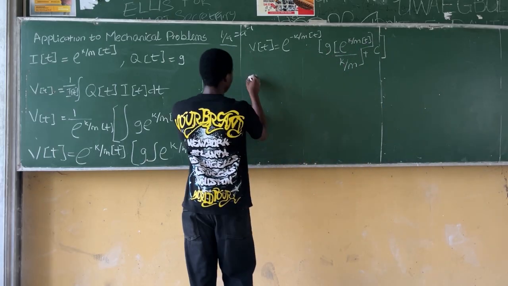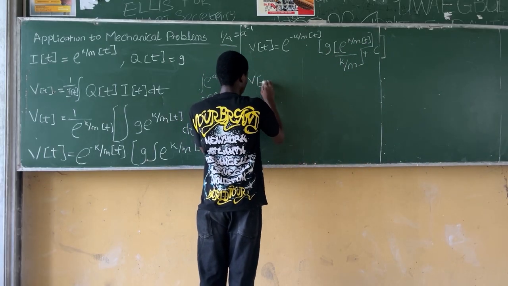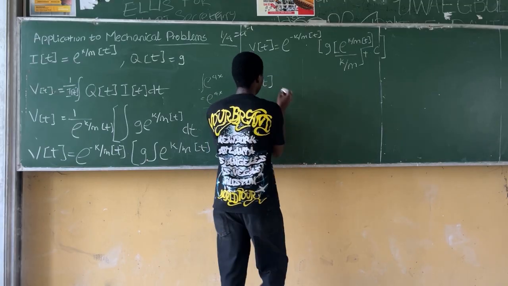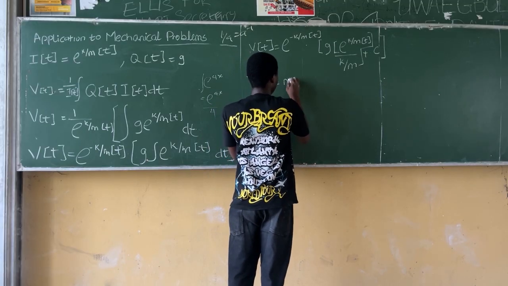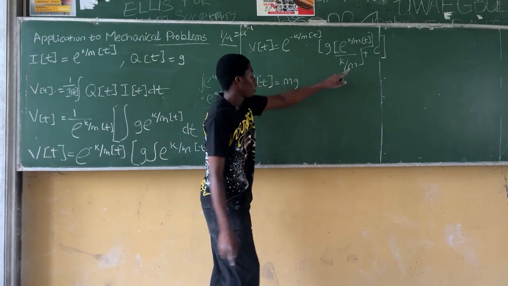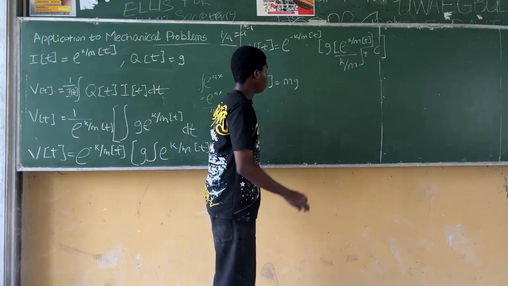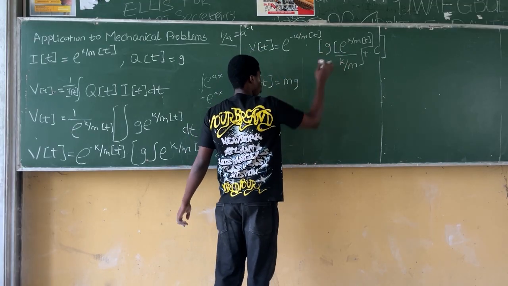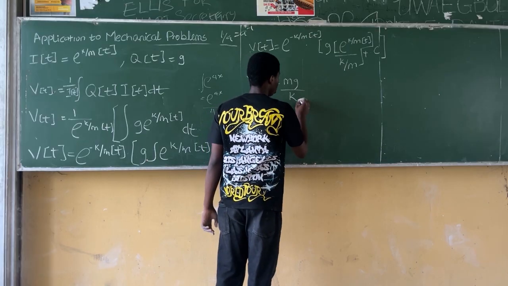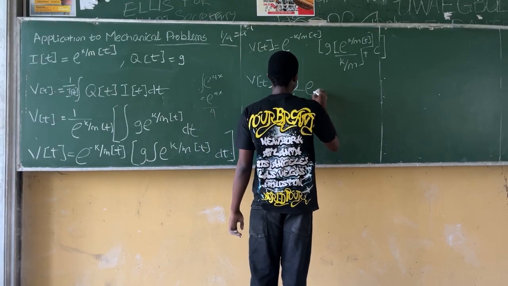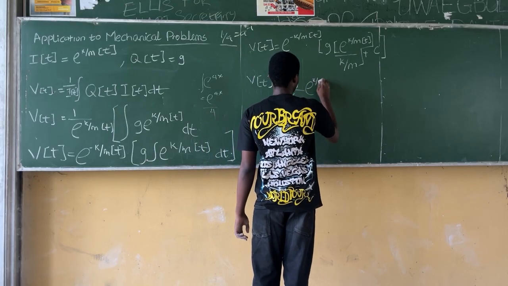So this v of t is equal to mg, whereby this flips, this going to the numerator and this becoming the denominator. So this multiplied by this, all divided by k. So this e raised to power k over m t.